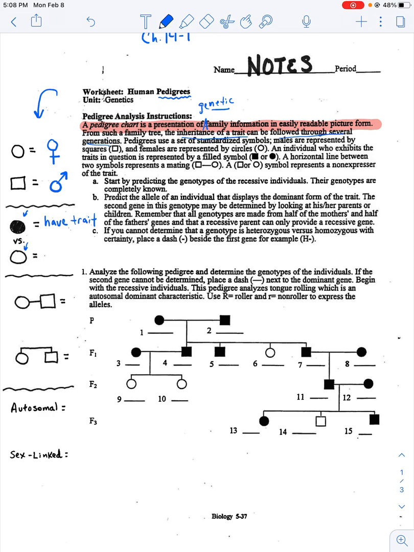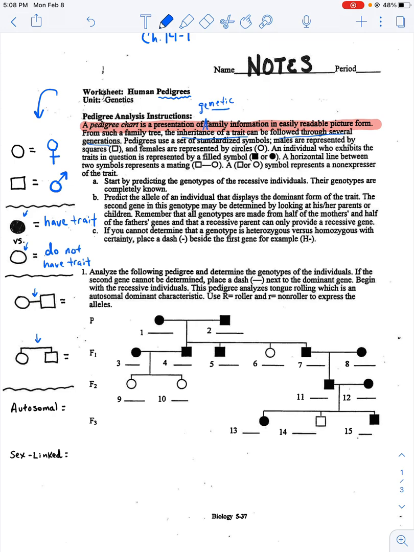If the symbol is not filled in, they do not have the trait. They are not exhibiting the trait phenotypically. Couple of other things you need to know. If you see a line in between symbols, it makes a difference how that line is depicted.